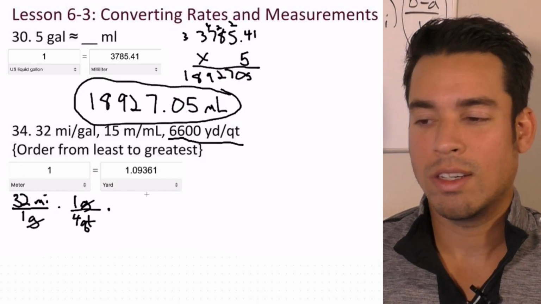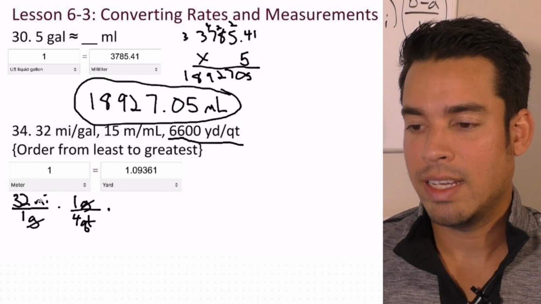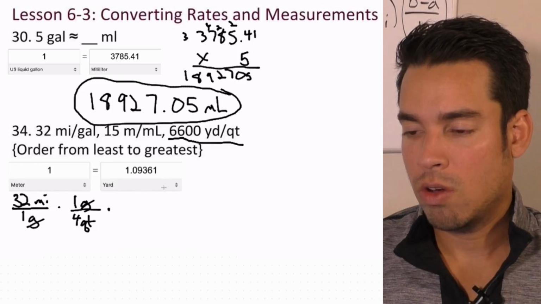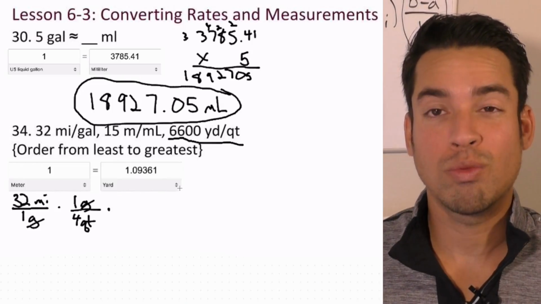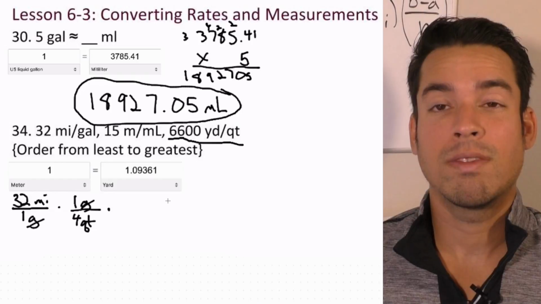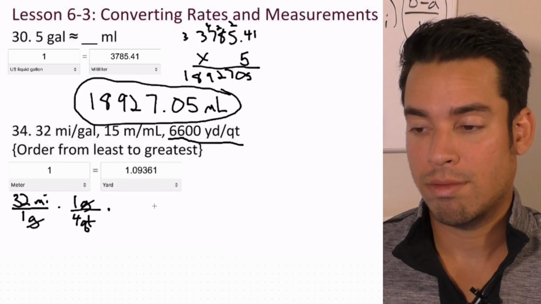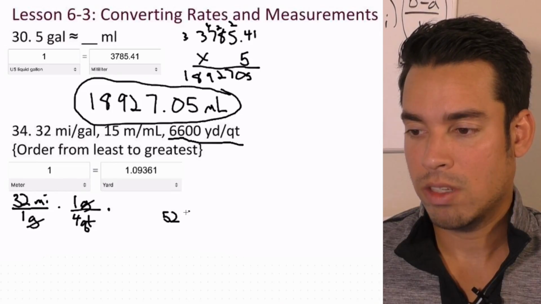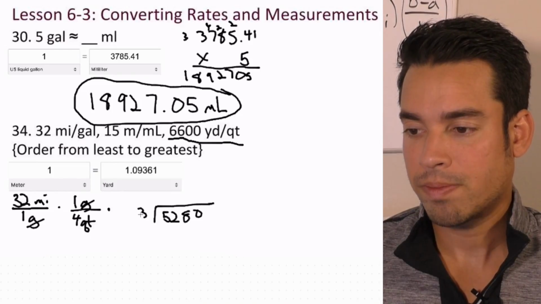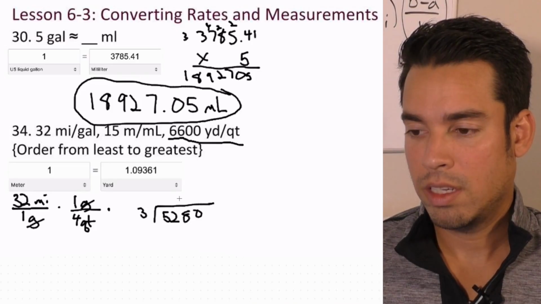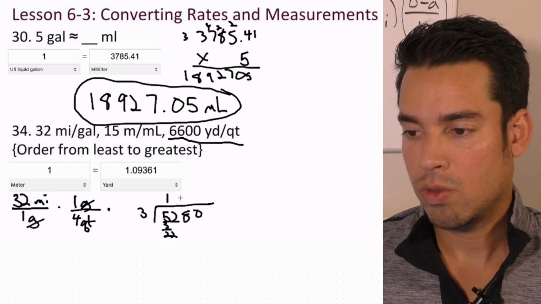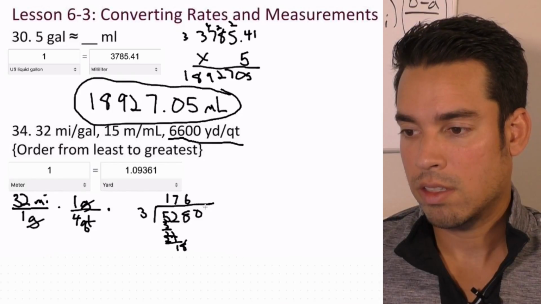Now I know that there is 5,280 feet in a mile. If we wanted to know how many yards there are, since there's 3 feet in a yard, we just divide 5,280 by 3. So I'll do that really quickly down here, and then we'll delete it. 5,280 divided by 3: 1, 3, 2, 2, 7, 21, 1, 8, 6, and then 0.